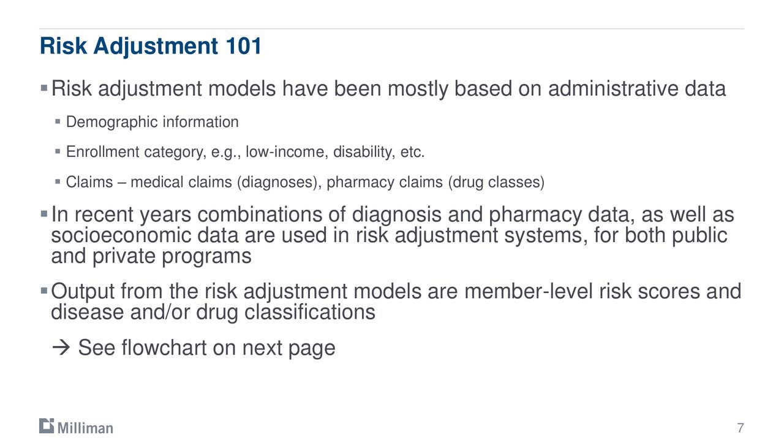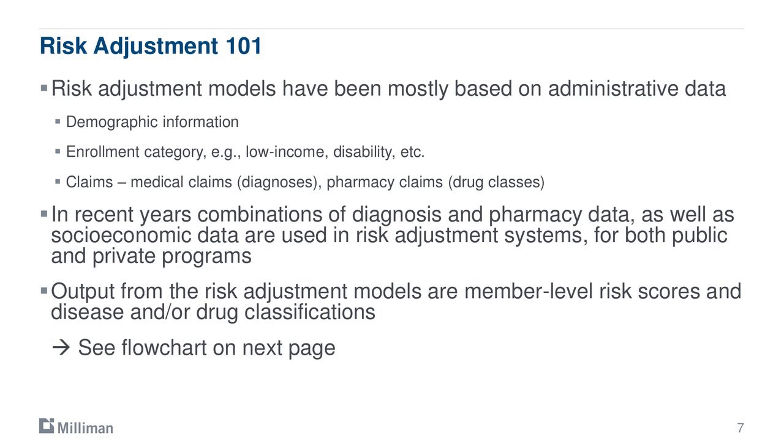I think it's important to understand that risk adjustment so far has mostly been based on administrative data, namely age, gender, number of months enrolled that you could identify from the data, and also the enrollment categories.